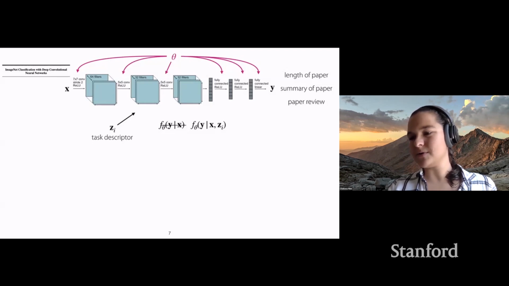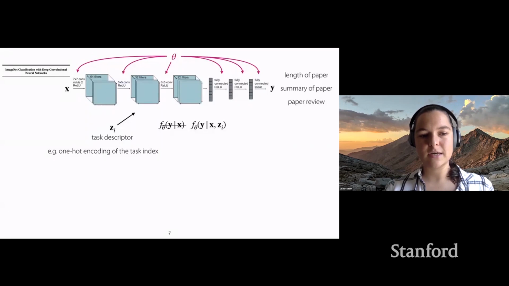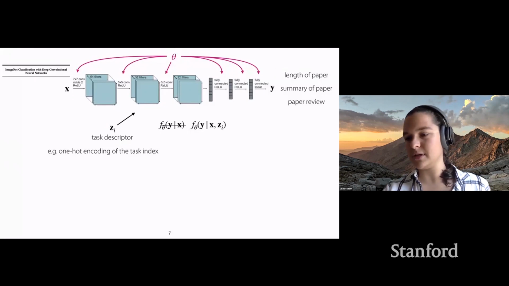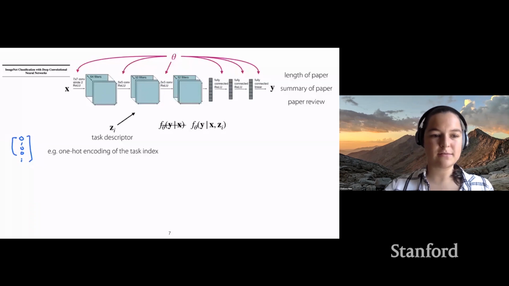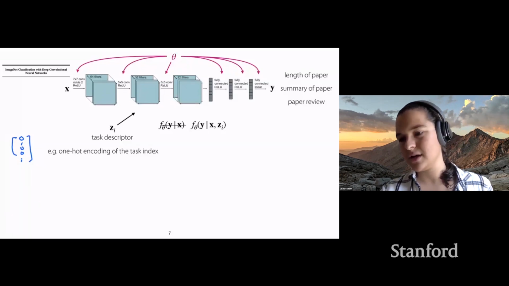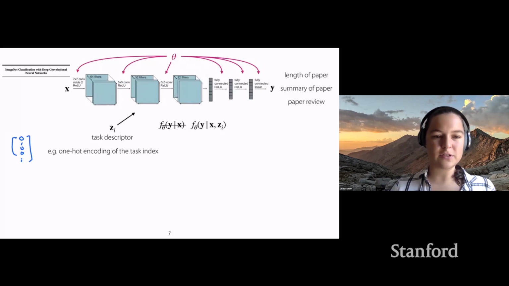Then in this example, the task descriptor could correspond to a few different things. It could correspond to a one-hot encoding of the task index. If the task index is 2, then it would be a vector that looks like this, where there's a 1 in the second location. If the task index was 3, then the 1 would be in the third position, and so forth.